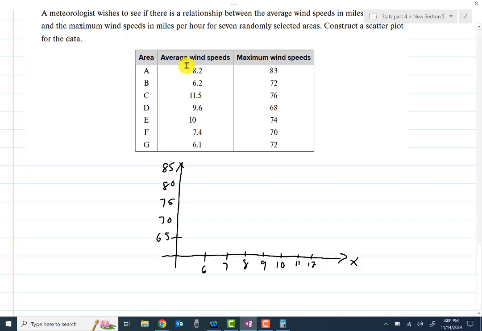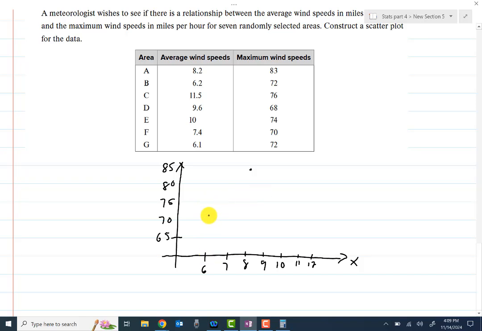So my first point is x equals 8.2, y equals 83. So 8.2 is between 8 and 9, but close to 8. And then I'm going to go straight up to a little under 85. Next, we have 6.2 and 72. So that's a little beyond 6 and a little beyond 70.